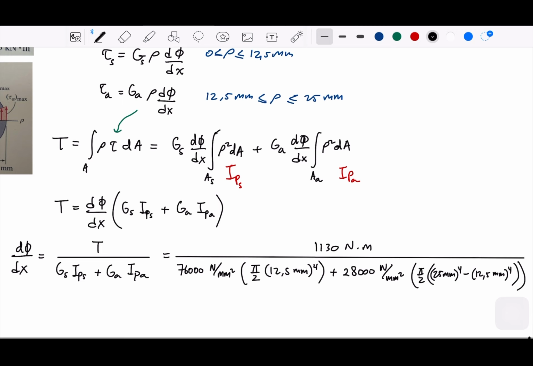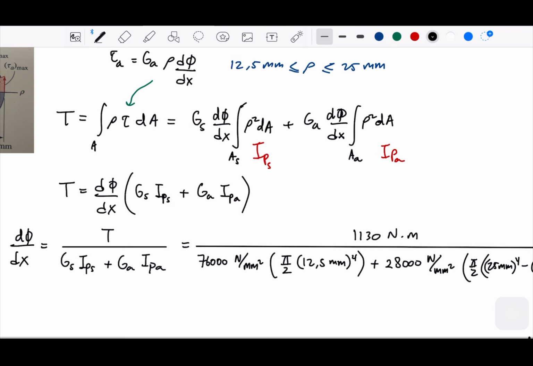Okay, plus, let me check. It will be equal to the twist rate.